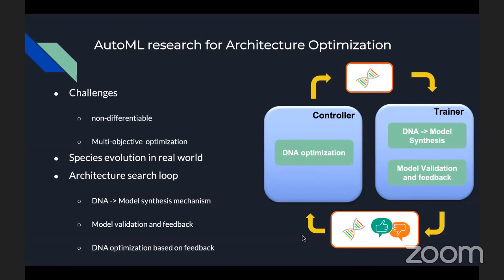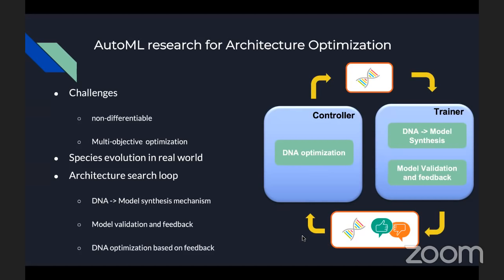And the controller has another algorithm, called DNA optimization, that, based on this feedback, tries to figure out an optimization route to optimize himself so that next time, when he makes a proposal or design again, he will make a better design.